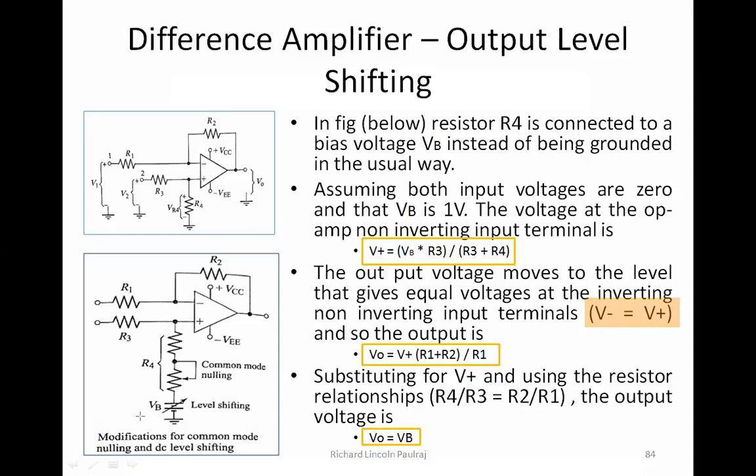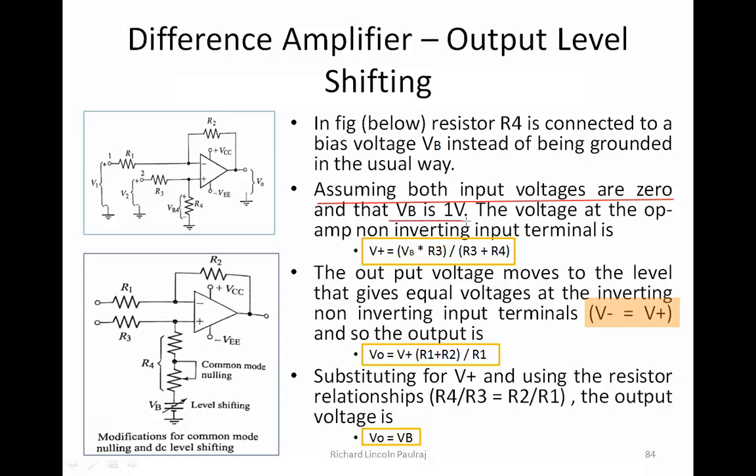Why is it equal to VB? Have we given any voltages across the inputs V1 and V2, across inverting and non-inverting, or is it zero? We are assuming that they are zero.